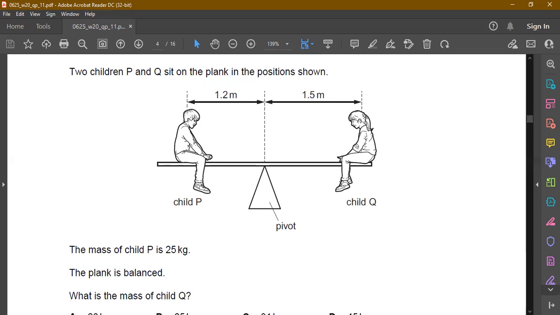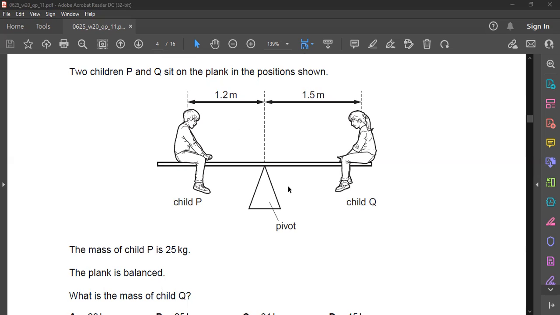Okay, let me show you. The mass is 25, times the distance or the radius between the child and the pivot, which is 1.2. So 25 times 1.2, and then we get 30.